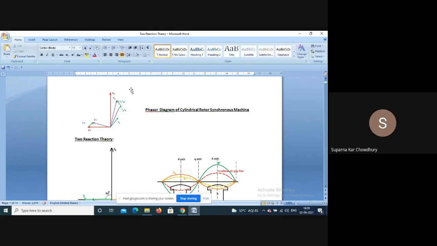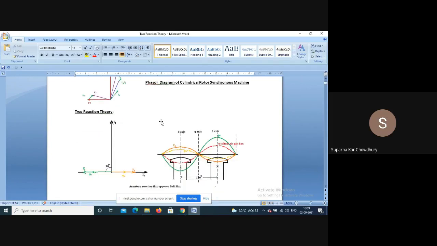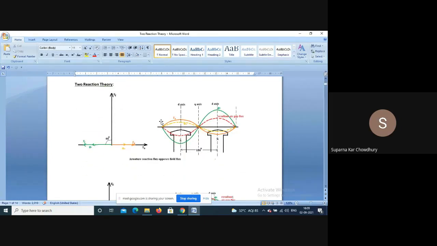Now, this is not the case in a salient pole machine. In a salient pole machine, what happens? Actually, the nature of the flux will depend on the power factor. The flux form will depend on the power factor. Say we consider a current IA which is lagging EF by 90 degrees.